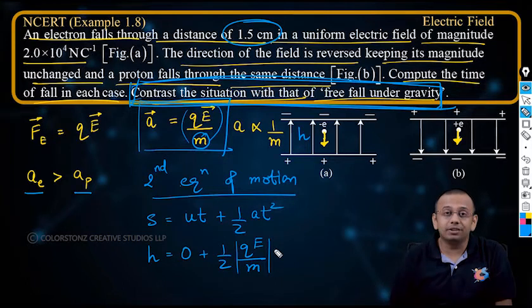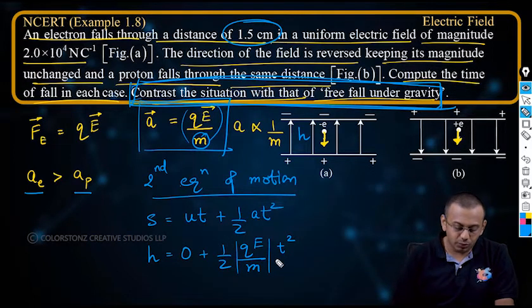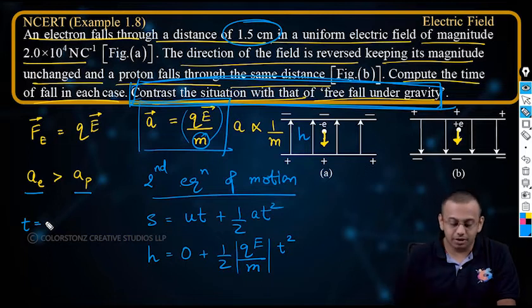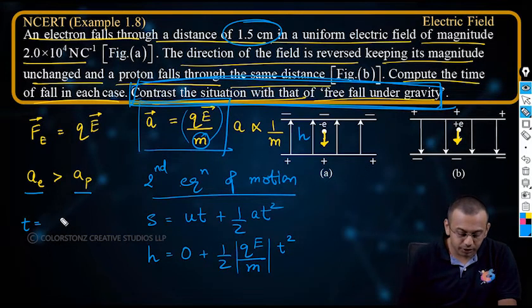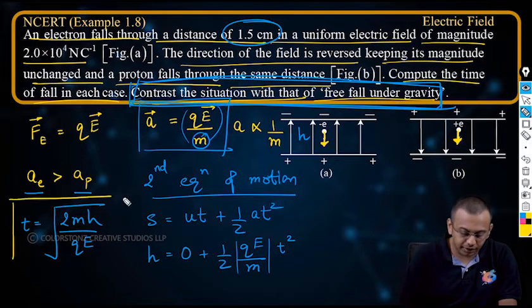So the direction is downwards, and this is t square. If we rearrange this, the time taken by the particle to fall will be equal to the square root of 2mh upon QE.